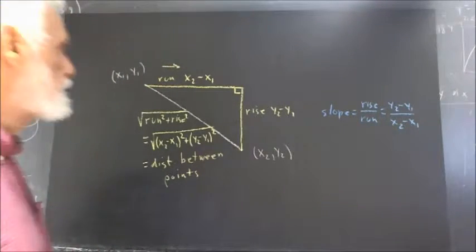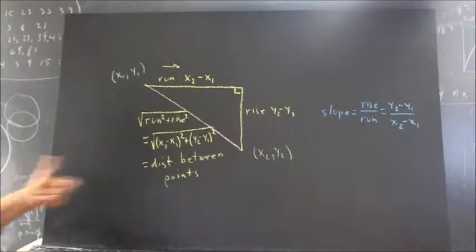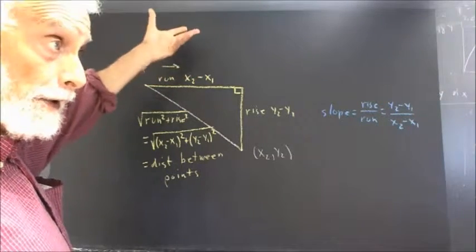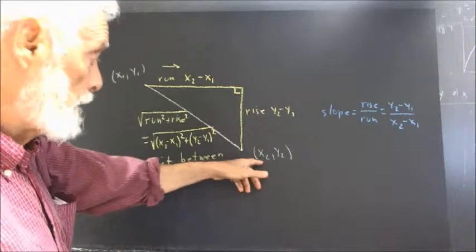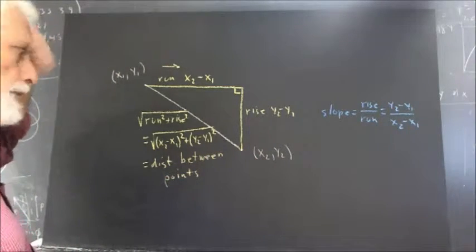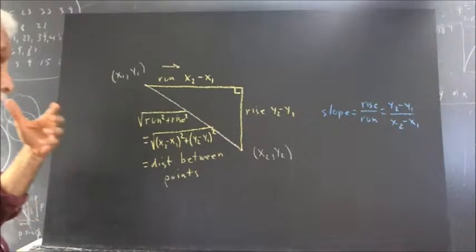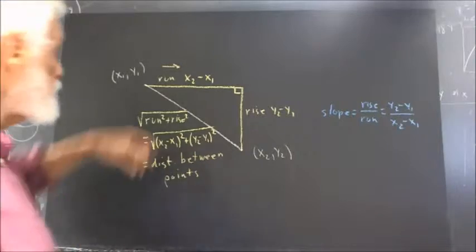Now let me add that if this point was to the left of this point, then x2 minus x1 would be negative because the x-coordinate here would be less than the x-coordinate here, so you'd be subtracting a larger number from a smaller, and you would get a negative.